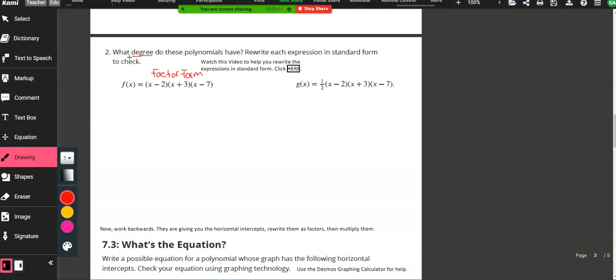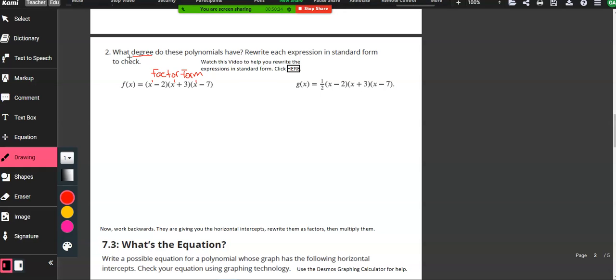And remember, the degree is the highest exponent or the biggest power. Right now, the biggest power for all of them is 1, but we don't know the actual degree until we multiply it. So this is how you do it. This one looks a little bit easier. I'll do g of x.